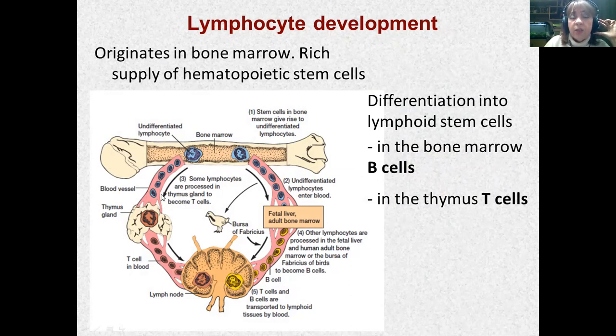Others are transported to the thymus and undergo the first stage of maturation in thymus, they are named T lymphocytes. After these cells migrate from central organs of immune system to peripheral, and in peripheral organs of immune system, they perform their protective functions.